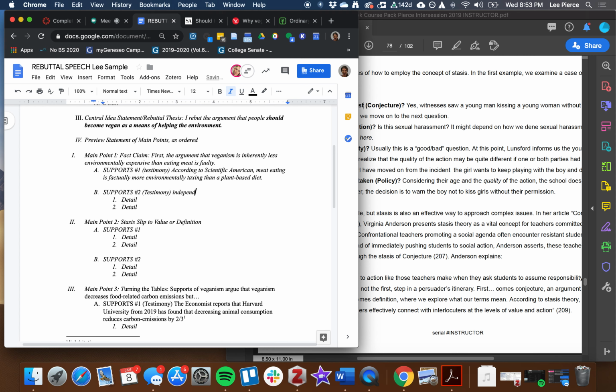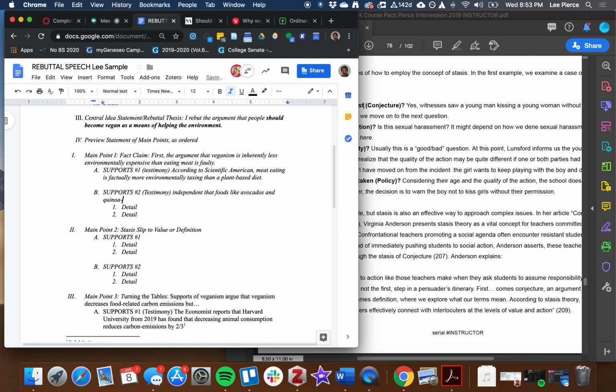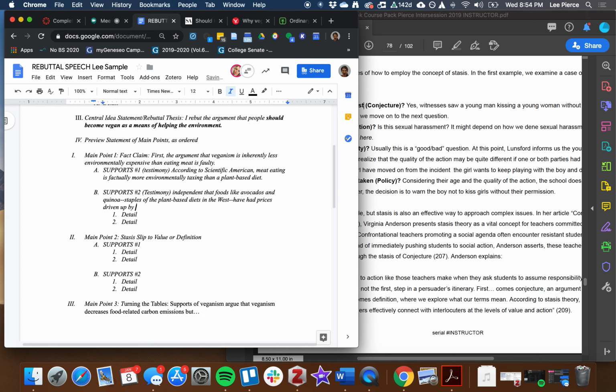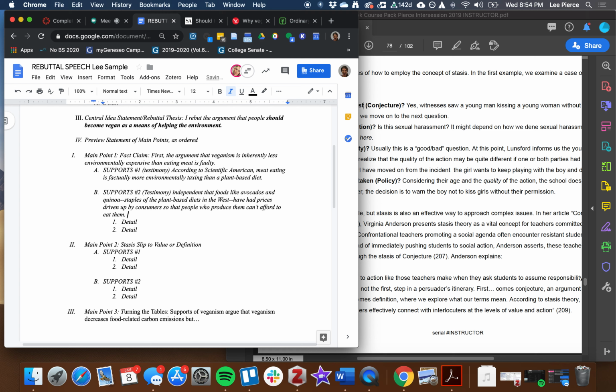Then we got another testimony from Independent that foods like avocados and quinoa, which are a staple of all plant-based diets in the West, have had prices driven up by consumers so that people who produce them can't afford to eat them, right?